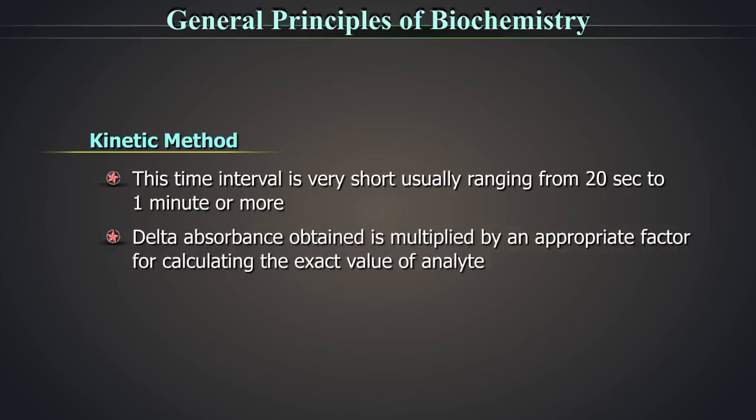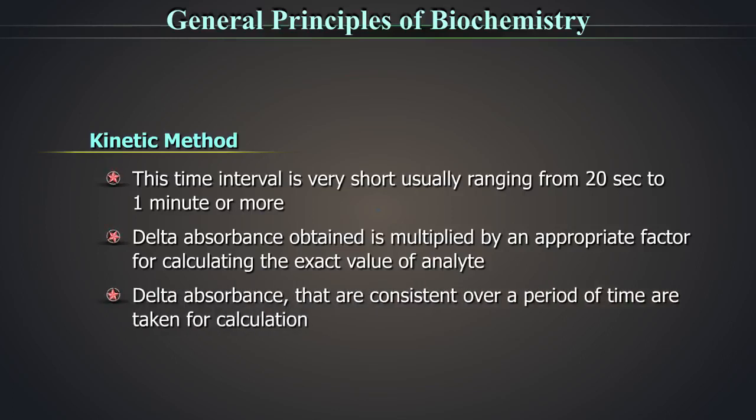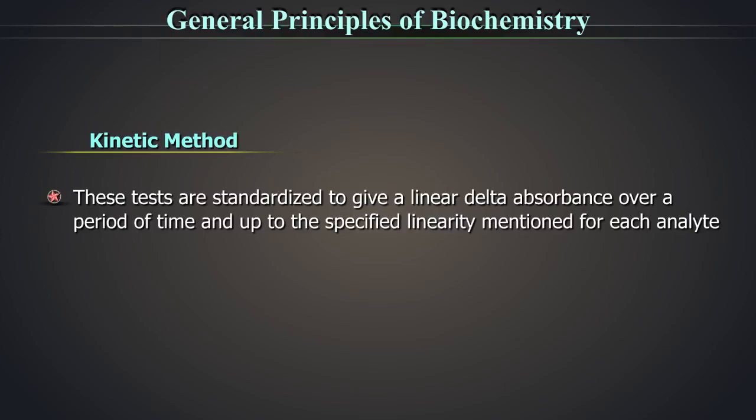The delta absorbance obtained is multiplied by an appropriate factor for calculating the exact value of analyte. The delta absorbance that is consistent over a period of time is taken for calculation. These tests are standardized to give a linear delta absorbance over a period of time and up to the specified linearity mentioned for each analyte.